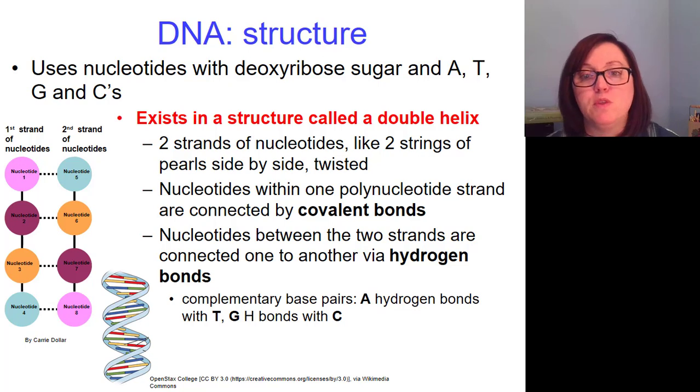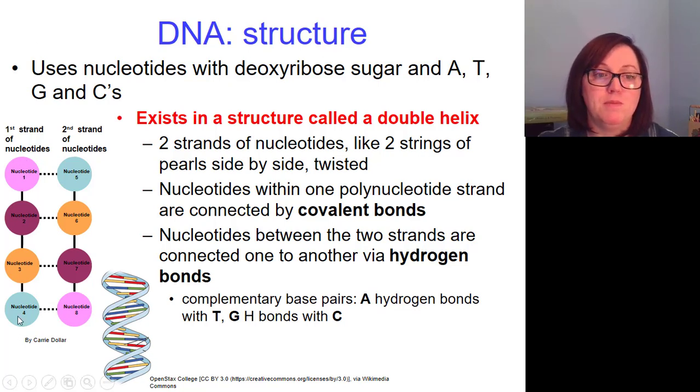The nucleotides within one polynucleotide strand, so here's one polynucleotide strand, are held together by covalent bonds, right? But the nucleotides between the two strands, such as between nucleotide 1 and 5, are held together by hydrogen bonds.